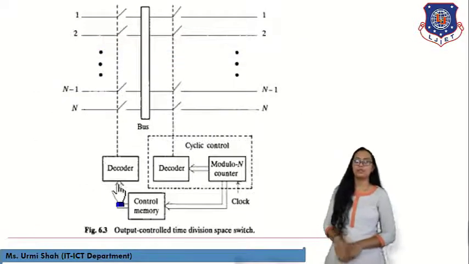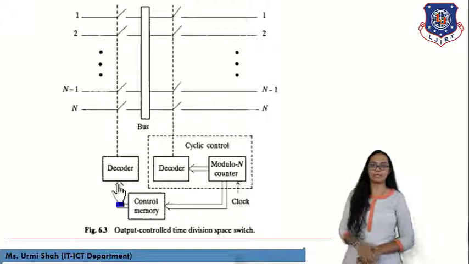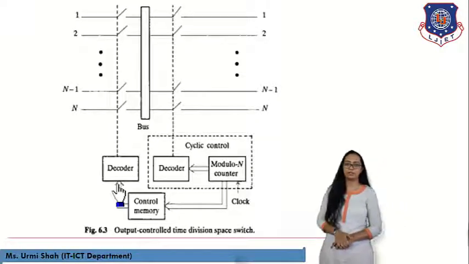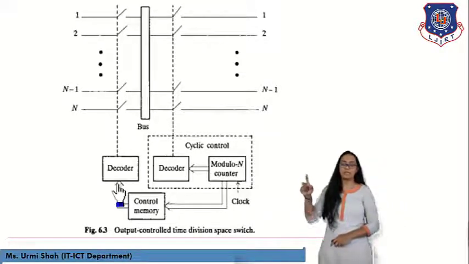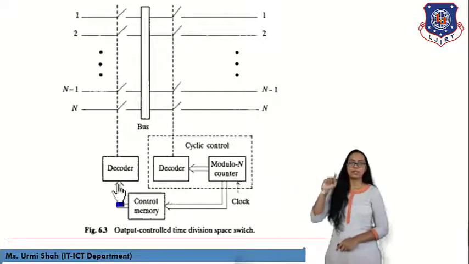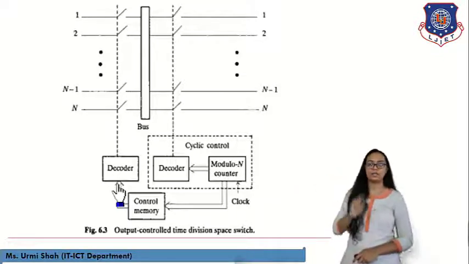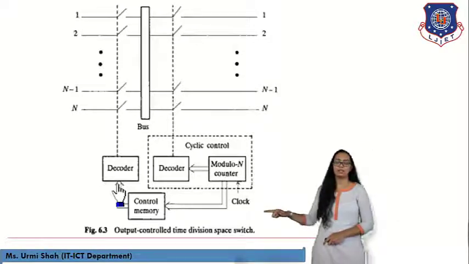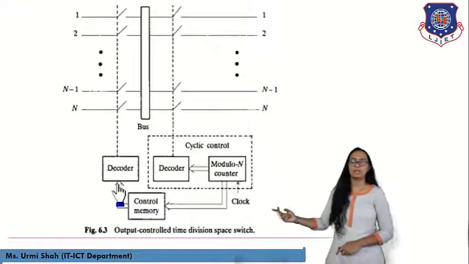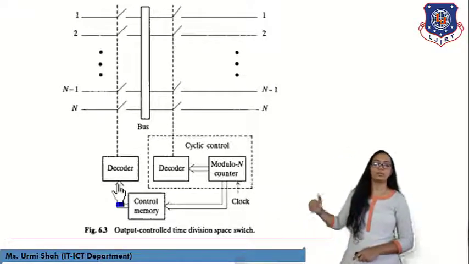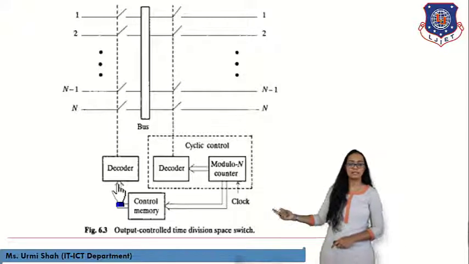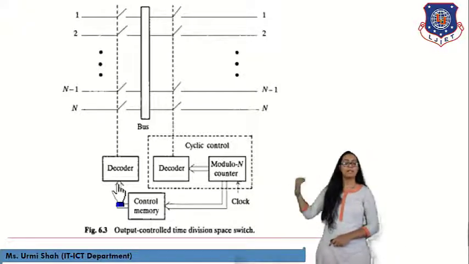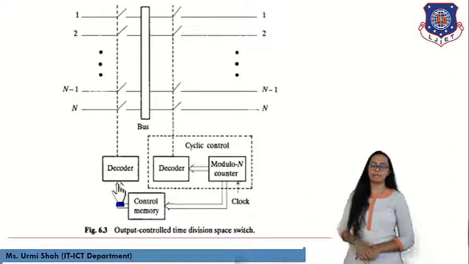This is the network for output control mechanism. As you can see over here, the circuitry is almost the same, having an n cross n network with a bus, but the bus structure, as you can see over here, has the reverse effect. Earlier, the clock gave input to the modulo n counter, which passed it on to the decoder side. That was done at the input side, but the same process over here is done at the output side.